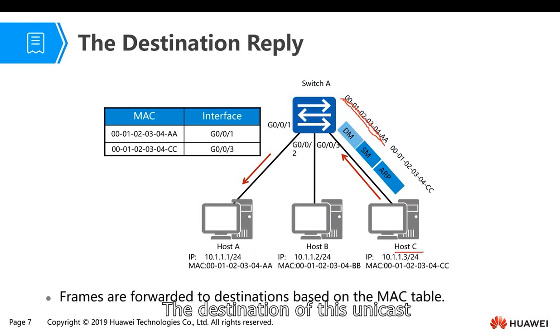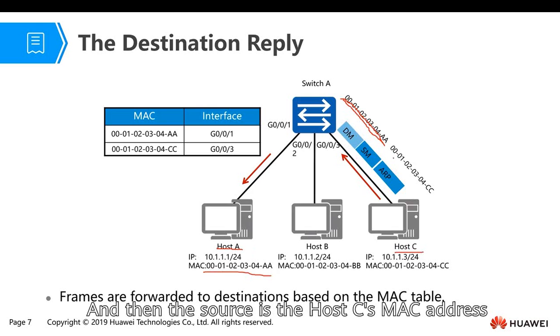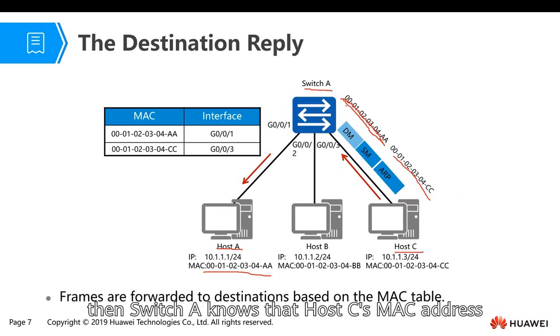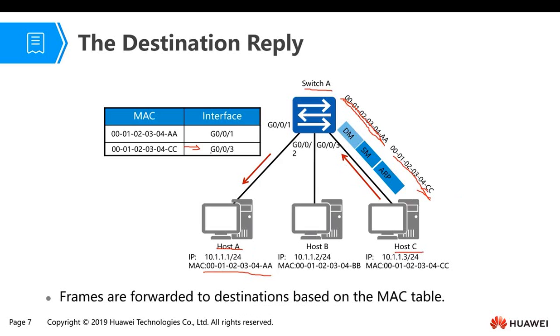The destination of this unicast is host A's MAC address, and the source is host C's MAC address. When this frame is sent out, switch A receives it and learns that host C's MAC address is connected to gigabit 003, so the MAC address table grows.